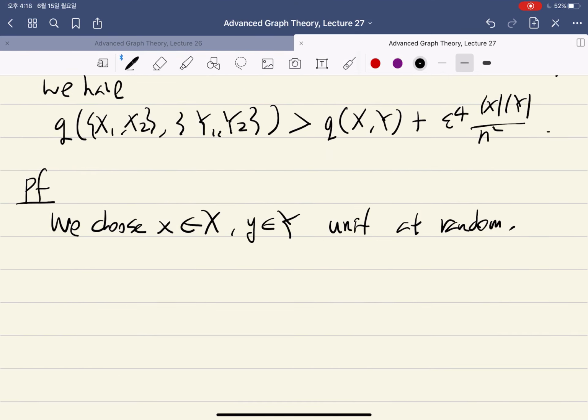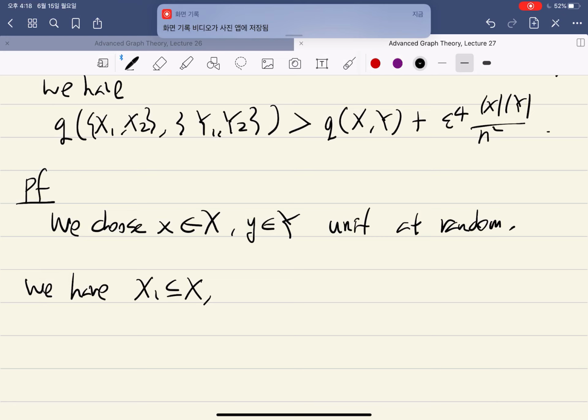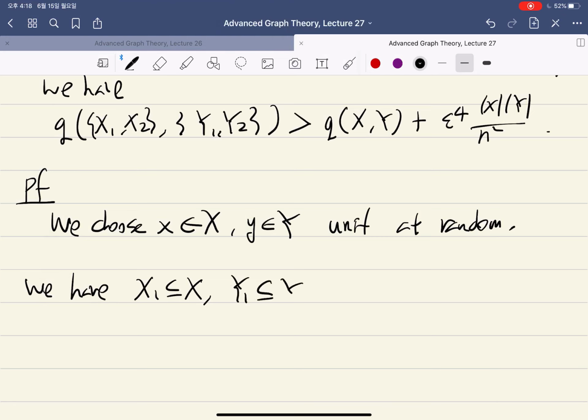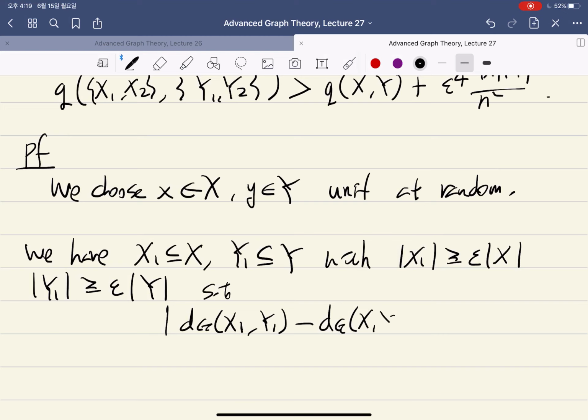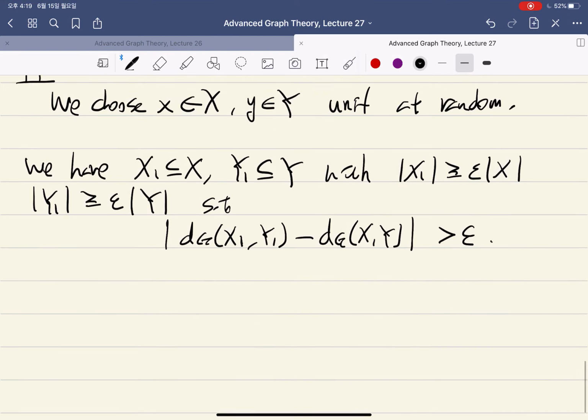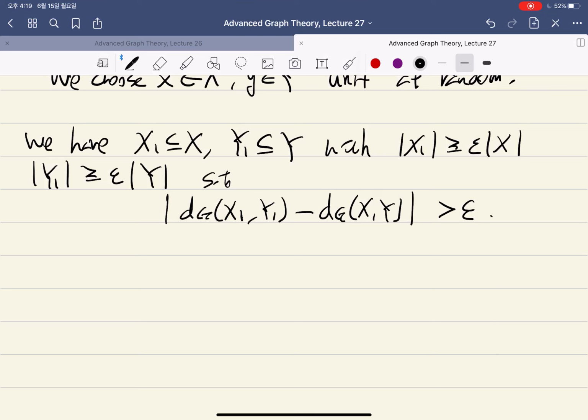Before that, we have X1 and Y1, where X1 is at least size epsilon times X, and Y1 has size at least epsilon times Y, and its density between X1 and Y1 is at least epsilon away from the density between X and Y.